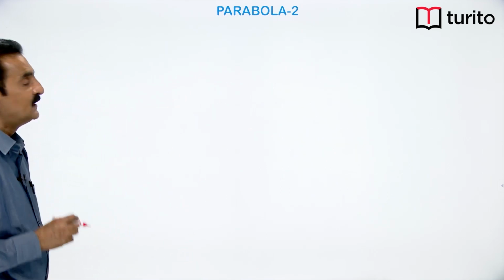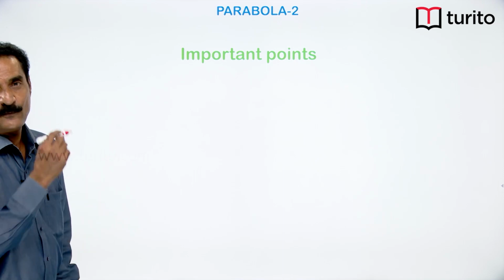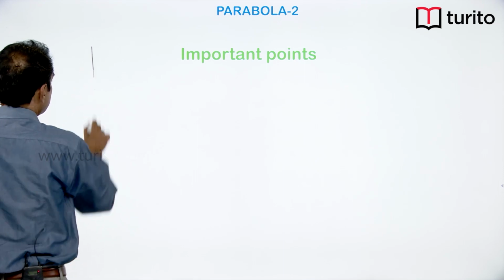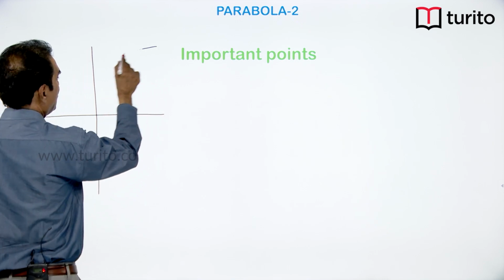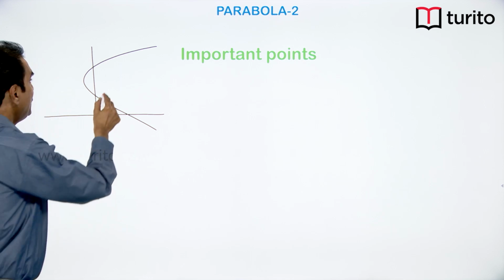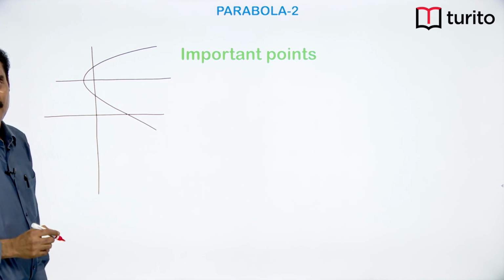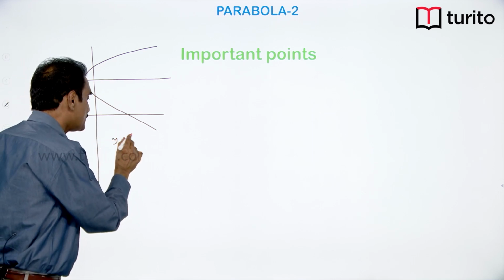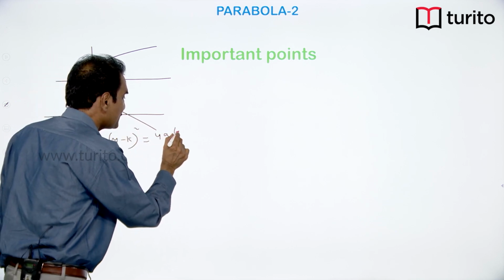Now, some important observations from the above 4 standard forms. If the axis is parallel to x axis, the parabola will be either like this or like this. If it is like this, the equation is in the form of (y minus k) whole square is equal to 4a into (x minus h).